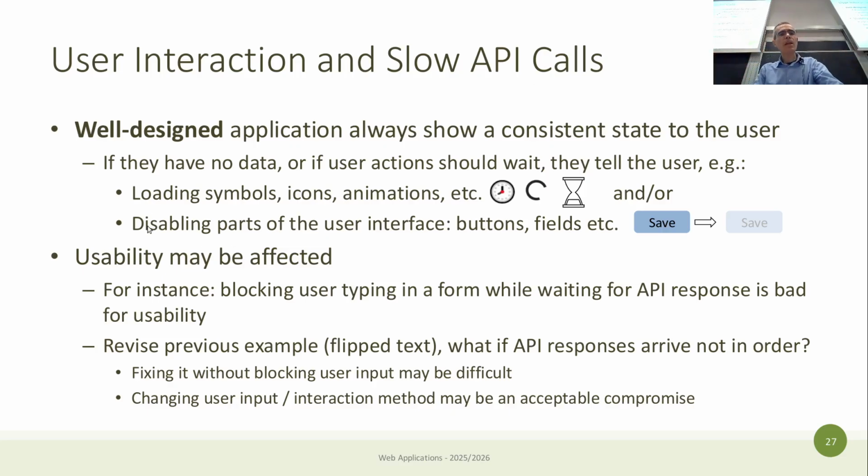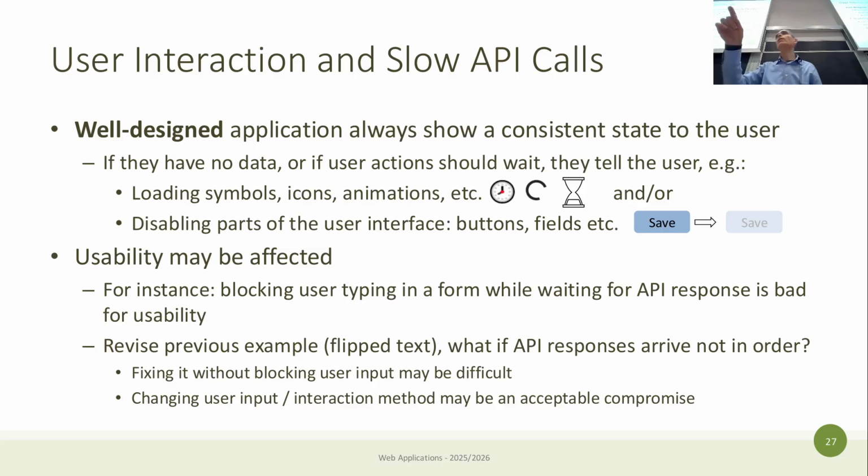Another interesting thing is disabling parts of the user interface that shouldn't be used until the action has finished. Like when you say something, you shouldn't be able to press save, store, or add again until the current action has finished, at least in principle. It depends a lot on the logic of the application.